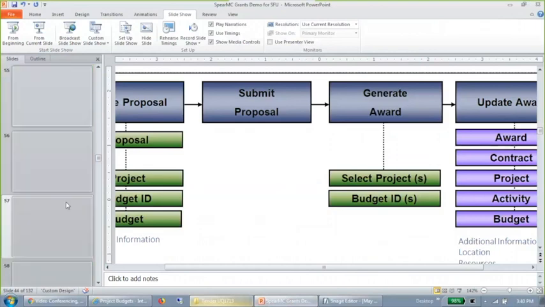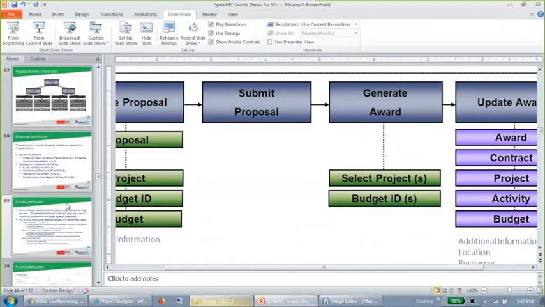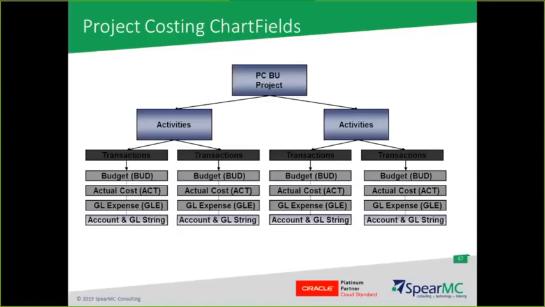And let me just show you the structure of projects. Once we get on the post-award side, we're using multiple modules, and within project costing, if you want the detailed transactions for your grant to get into the project costing module, this is what you need. You need to enter the project costing business unit, the project ID, and then at a minimum an activity ID, and then transactions come over with what's called an analysis type.